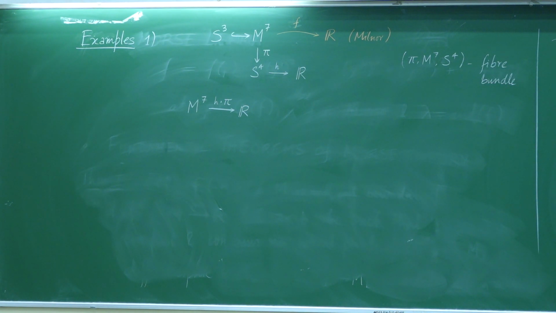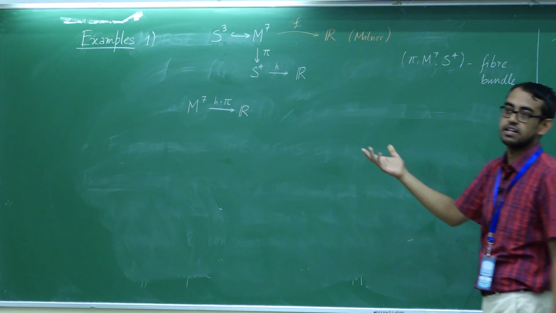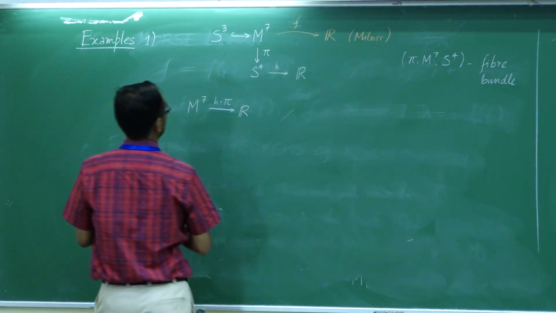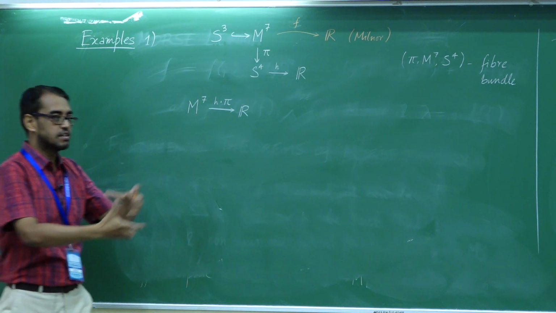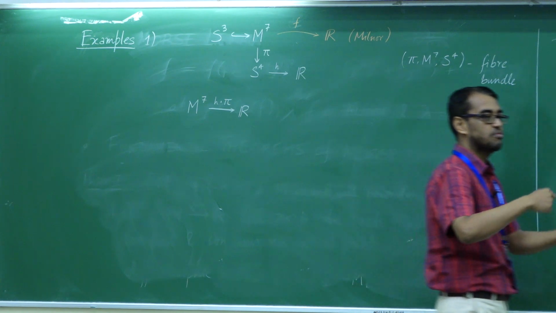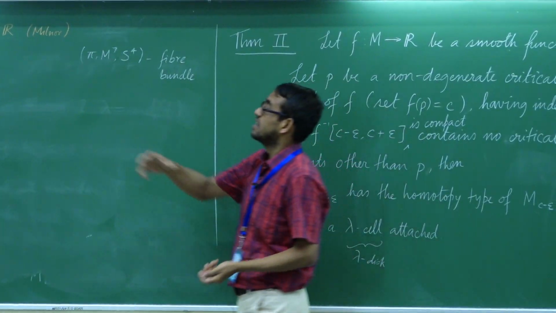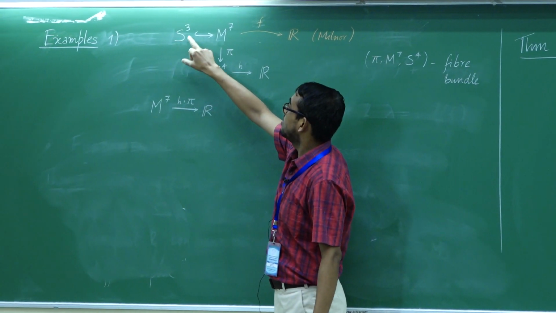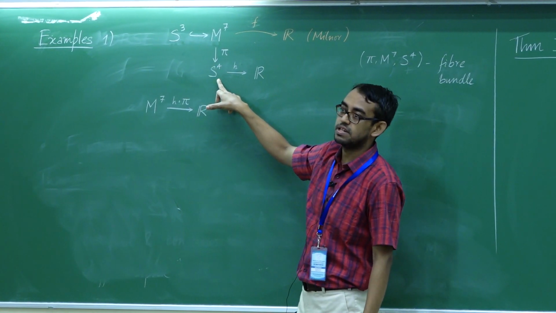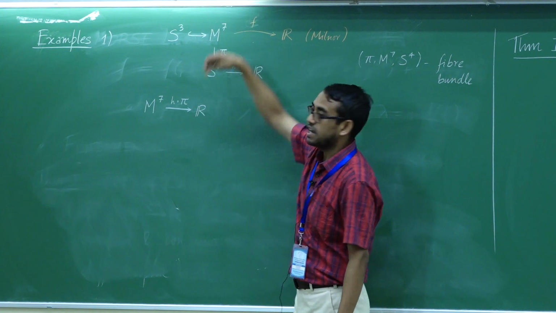If it's a Morse function, one of the first things is that the critical points have to be isolated. But in this case, what are the critical points? Is the critical set more than isolated points? Because being a fiber bundle means that if you take one copy of S3 living over a point P, all of that goes to a point.